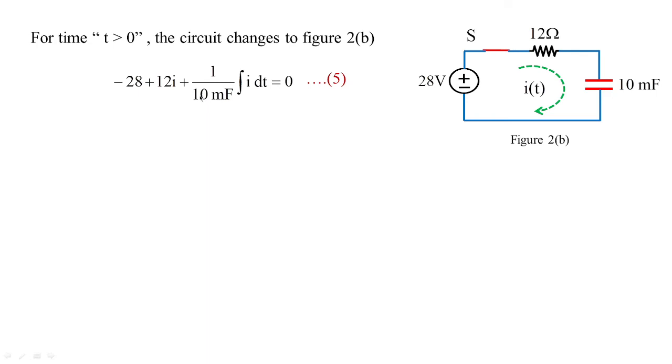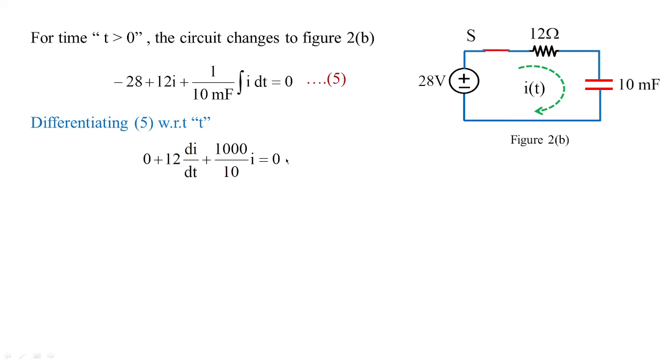So 1 by C, with C equal to 10 millifarads, times integration of i dt equals 0. Now differentiating equation 5 with respect to t, the constant becomes 0, and we get 12 di by dt plus, you can see milli is there. Milli when you move to the numerator becomes 1000, with 10 in the denominator. So differentiation of the integration gives i equal to 0.